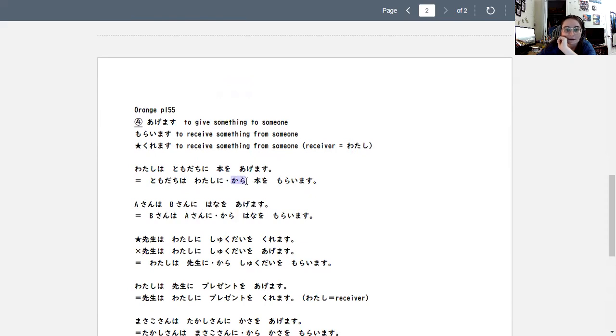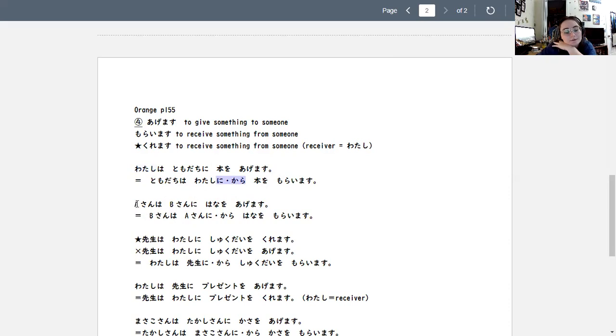So instead of ni, it's kara because you're switching tomodachi and watashi around. Or rather, it doesn't matter which one you use in this context when you switch it around. But if you have watashi wa something ni something o verb, you would use wa and ni. In this context, when you're switching it around, tomodachi wa watashi, you can use ni or kara.